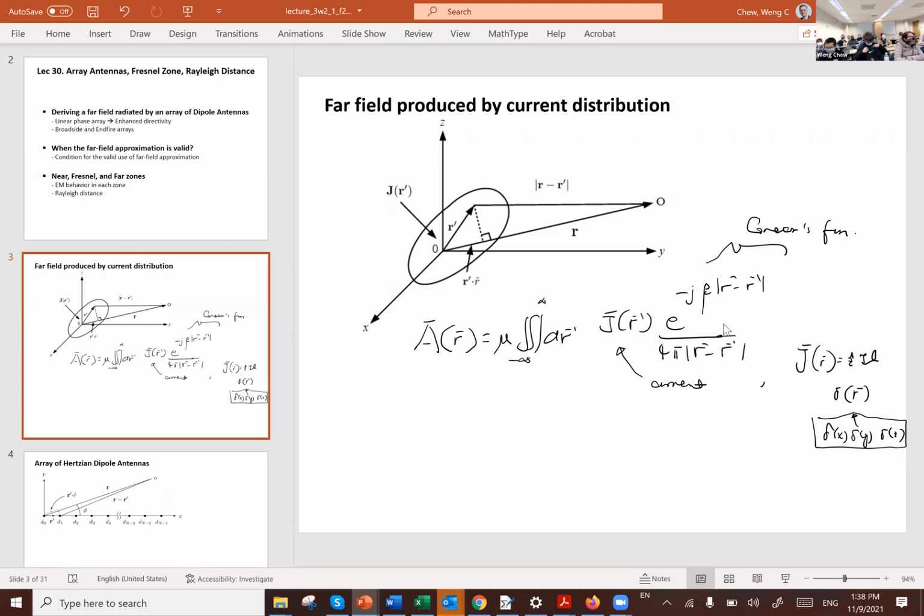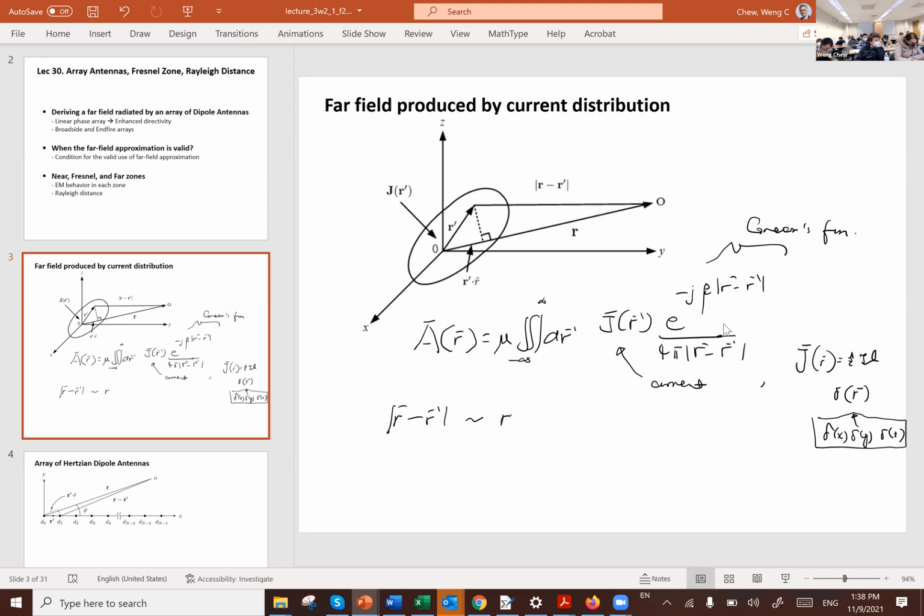So we seek to find a way to approximate this integral. The way to approximate this integral is to notice that |r minus r prime| can be approximated as follows. I think many of us have actually studied this.